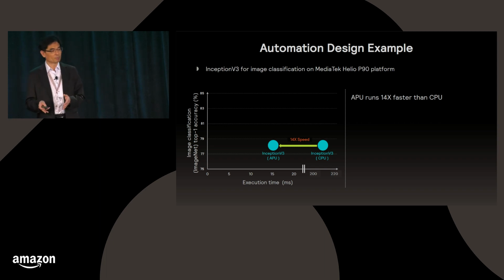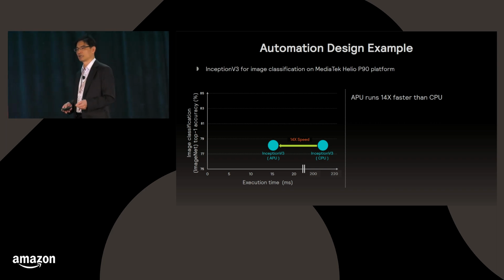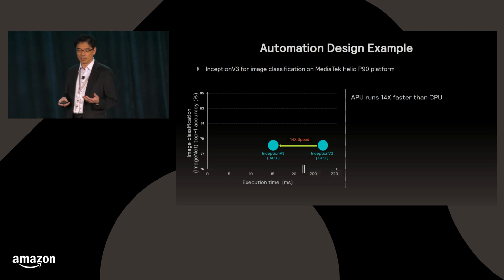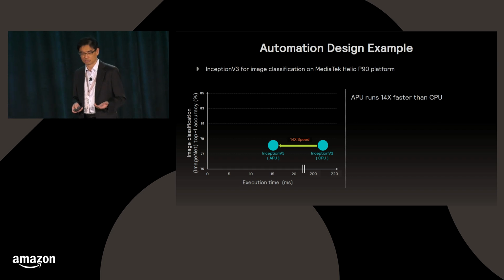Then we migrate it to run on APU, also manually, and we get a 14 times speed up because the APU is optimized to accelerate the deep learning workload. At this point, we found that it is very difficult to further optimize the performance manually. So we developed an automation algorithm to try to do the optimization.